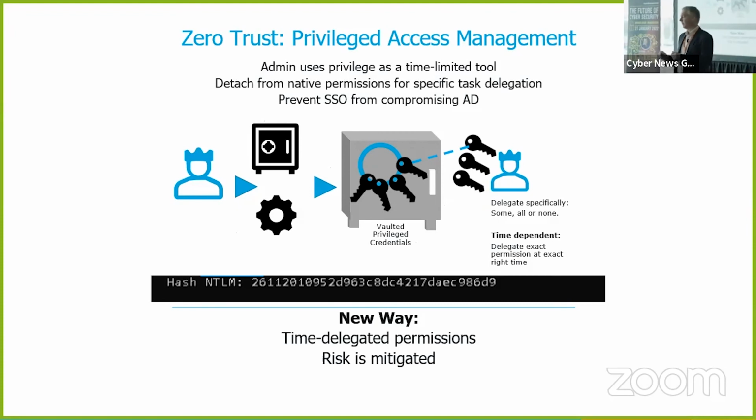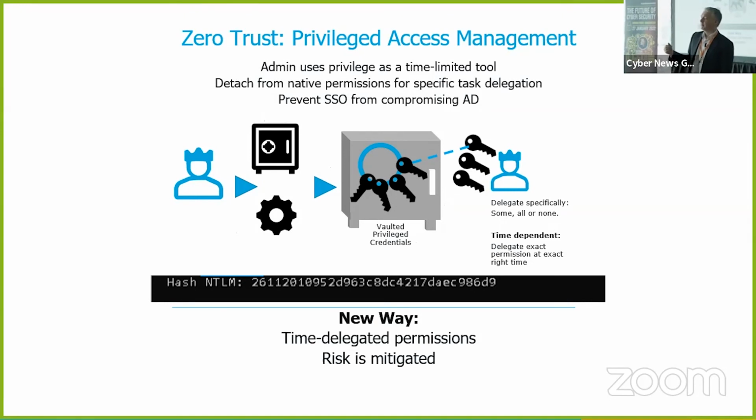So if a Linux administrator says they need to run some commands using sudo or root access tomorrow, they request that today for 2 p.m. to 4 p.m. An email gets sent to the manager. The manager not only has to approve it, but has to perform MFA to approve it.